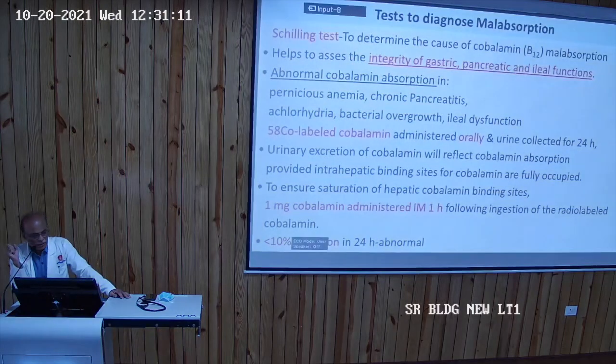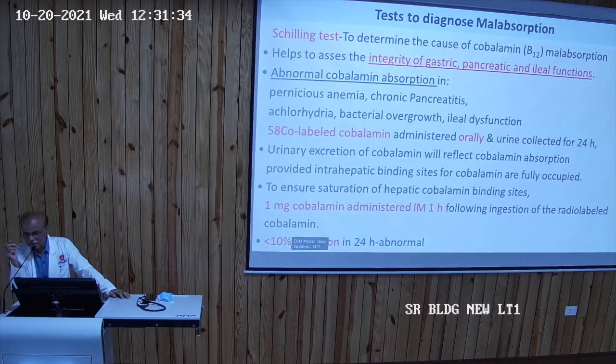Another is the test for pernicious anemia, the intrinsic factor Schilling test. So cobalamin B12 malabsorption. It helps to assess if absorption of B12 is normal. If there is no deficiency of B12, that means our pancreas, stomach, and esophagus are normal. Ileum is normal. So they are functioning well.